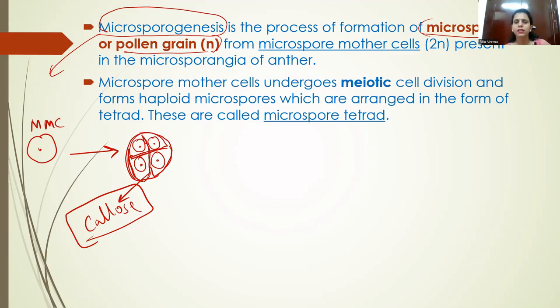So when these microspores are formed initially from the microspore mother cell, they are not free to move. They are present in a colony of 4, all held together by a polysaccharide called callose.